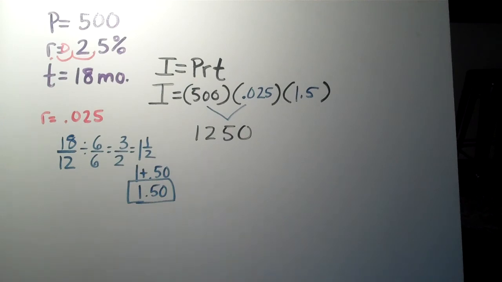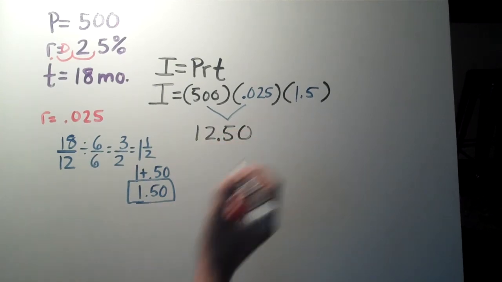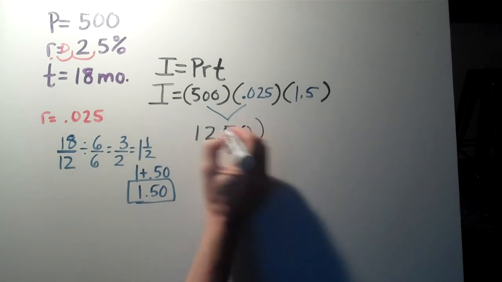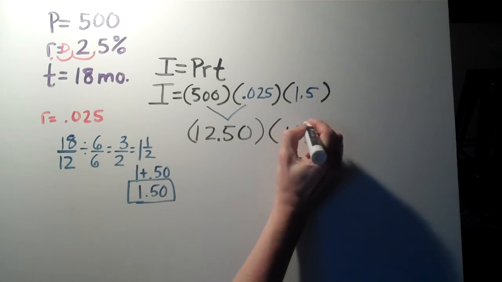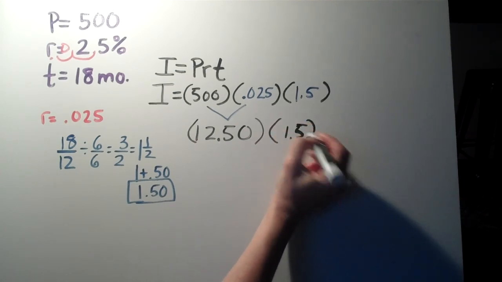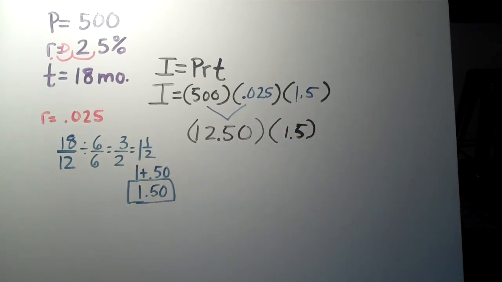Actually, wait a minute, let me double check that. 500 times 0.025. Sorry about that. The decimal's right over there. And then what I'm going to do is take those two numbers after I've multiplied and multiply by 1.5. Okay, so now I'm going to multiply that by 1.5.